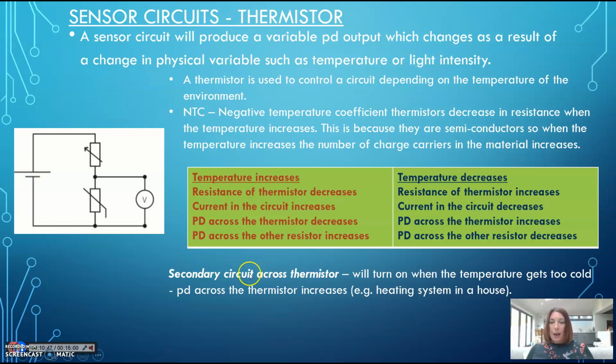If you apply a secondary circuit here, across the thermistor, that will turn on when the temperature gets cold, because what you need is enough potential difference across it for this circuit to turn on.